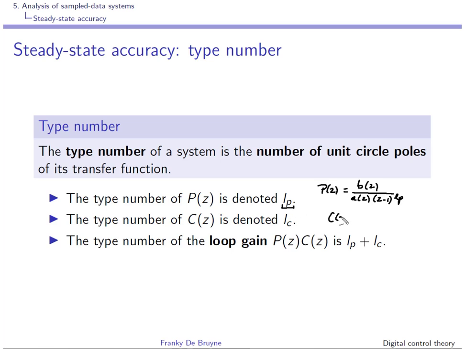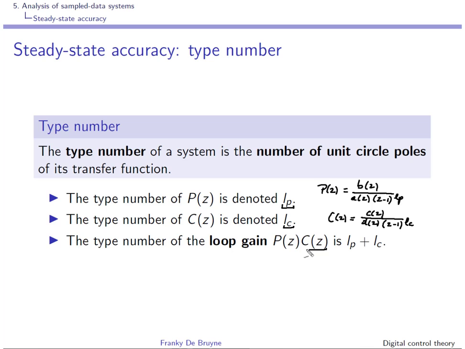We had something similar for C of z, the controller. Two polynomials that are involved, C and D, and then there are LC integrators in the controller, right? So the type number is LC for the controller.